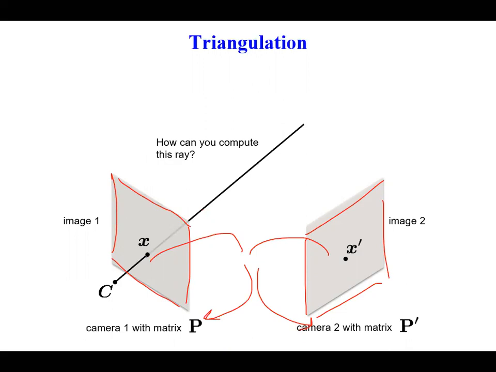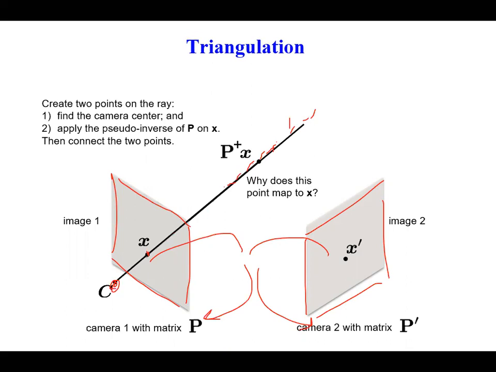Okay, so we know that whatever point I had here in the 3D world should pass through a certain line that connects x to the center of projection. This means that I have to get the center of projection C and then connect this C with the x, and I will have a line.